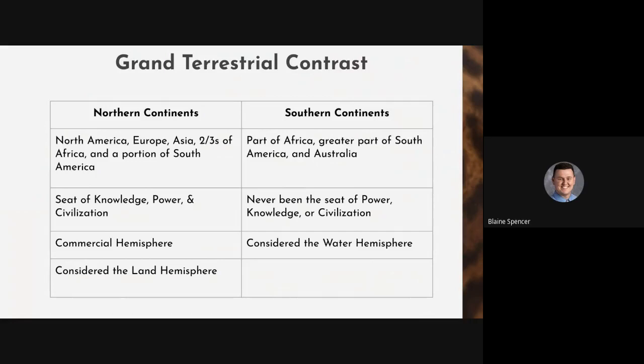It's where God planned civilizations, which gets into our next point. In the northern continents, we see that they are the seat of knowledge, the seat of power, the seat of civilization. The Israelites were in Asia. That's where God's story, God's history of His people, started. And then they moved to Europe. We see the Knights Templar, Martin Luther with his 95 Theses, England, we see all this.